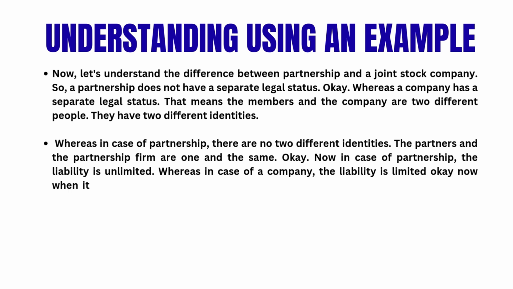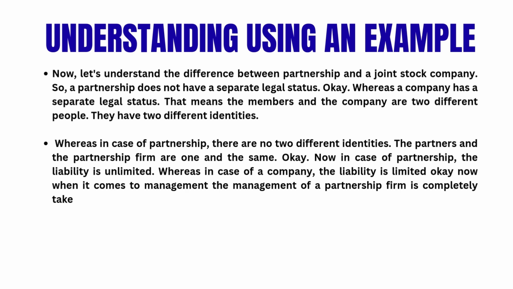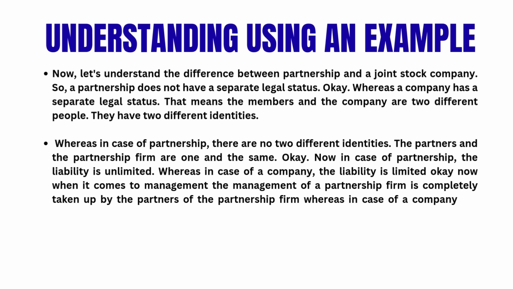When it comes to management, the management of a partnership firm is completely taken up by the partners of the firm, whereas in a company, the management is taken up by the board of directors and not the owners.